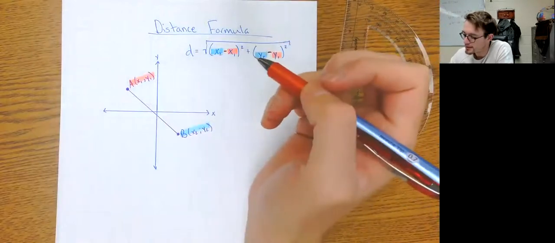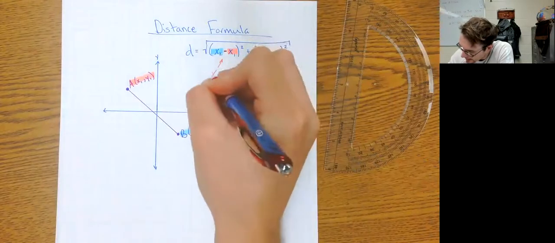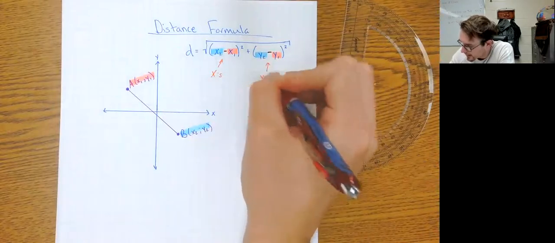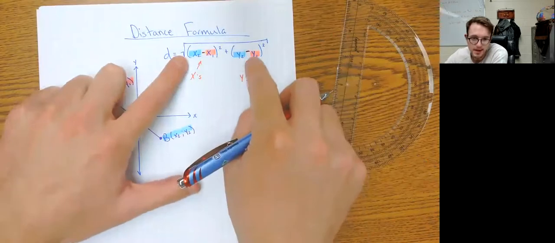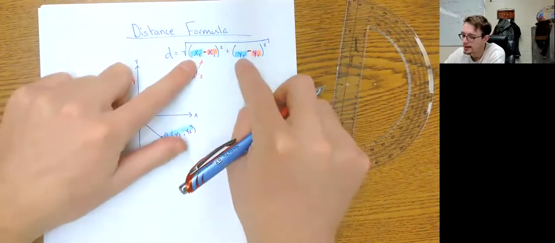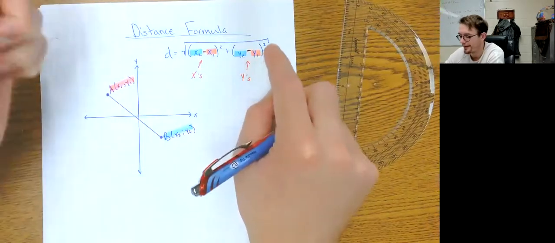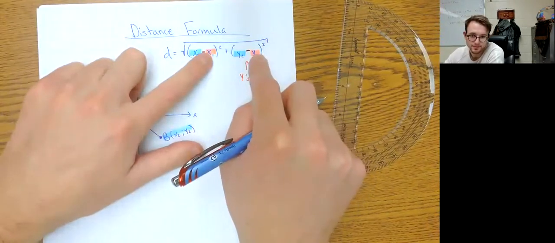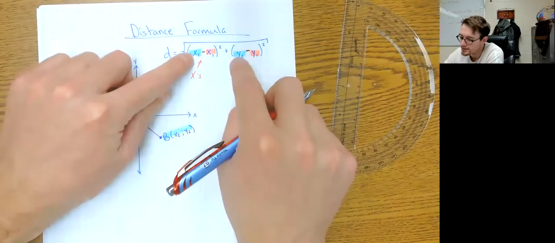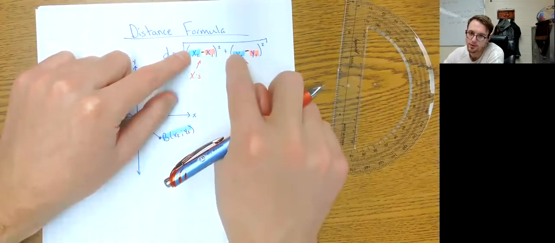So when you're substituting things in, these need to be x's and these need to be y's. And if you notice, they need to be in the same order, right? So that's why it's nice to color coordinate them: I can see that the first things need to be blue and the second things need to be, I don't know, pink, all right? If you don't remember that way, you need to remember that you don't mix and match. This wouldn't be x sub 2 minus x sub 1 and then y sub 1 minus y sub 2.